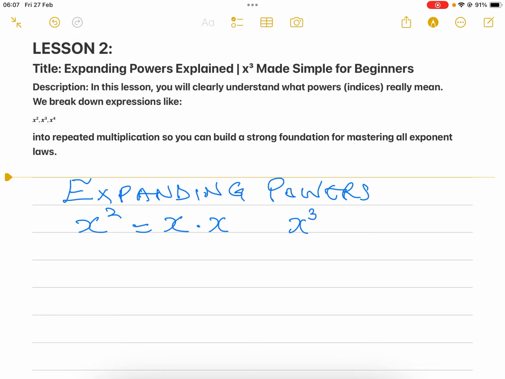So x raised to power 2 is equal to x dot x, and x raised to power 3 is x multiplied by itself 3 times.